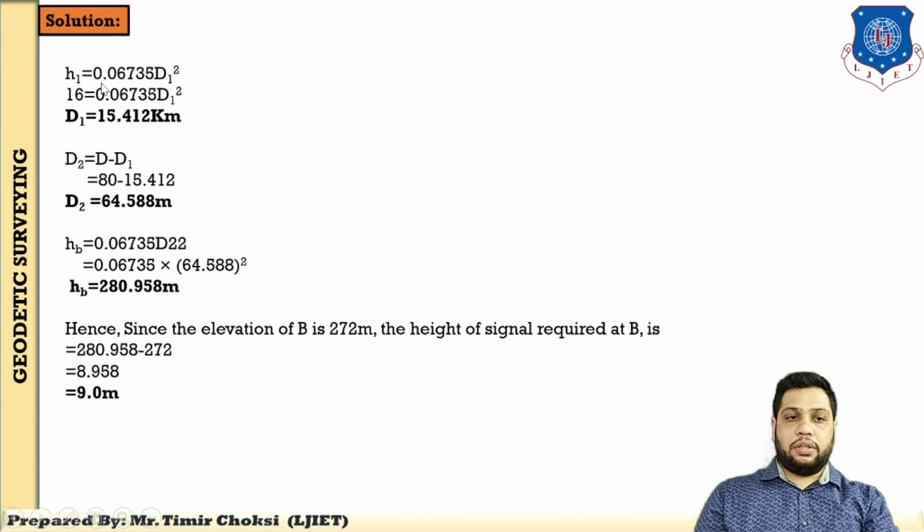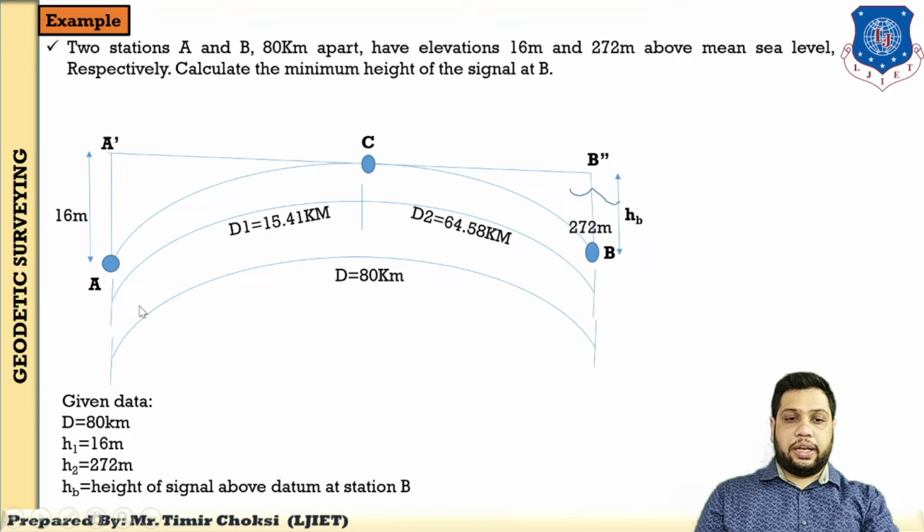So first, you know the formula is H1 equals 0.06735 D1 squared. H1 is given as 16, so put the value of H1 and get the answer for D1. So D1 is 15.412 kilometers. Now second, D2 is D minus D1, because here it is clearly seen.